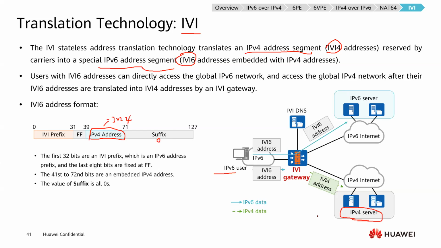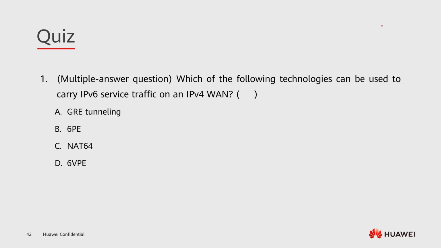So in Huawei's opinion, it's not easy to do real network deployment, so we do not use it as our solution for deploying the IPv6 network. If you want to use translation, we suggest you use the NAT64 technology as the translation technology.